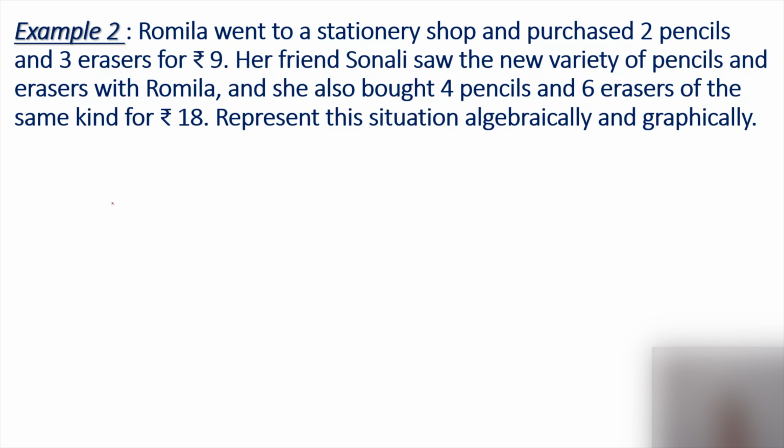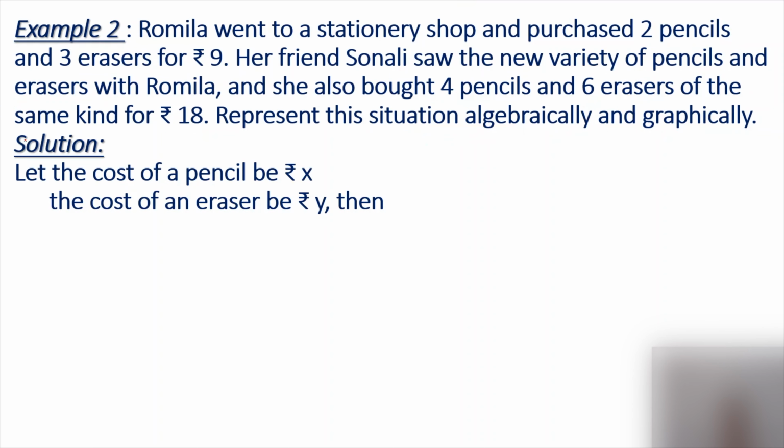Romila went to a stationery shop and purchased 2 pencils and 3 erasers for ₹9, and her friend Sonali saw the new variety of the pencils with Romila, and she bought 4 pencils, 6 erasers, and she paid ₹18 for this. Now again we are supposed to represent this algebraically and graphically.